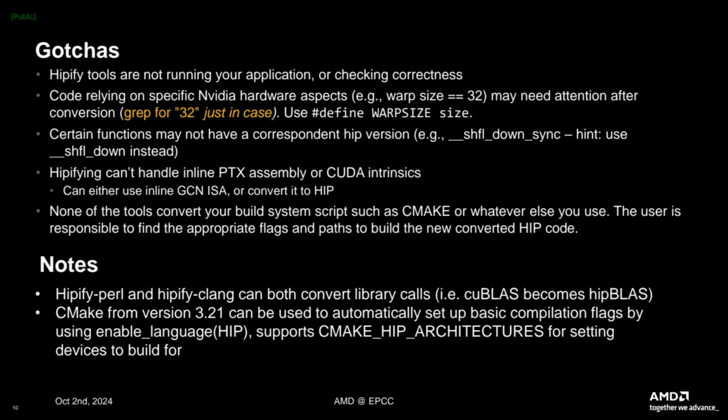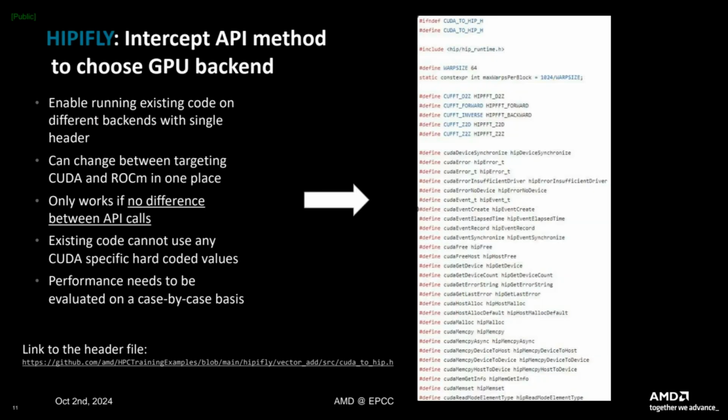But what I want to mention is the hipify header, which is this header that's showing here. This is just a screenshot of the link at the bottom that tends to basically replace the CUDA API calls with HIP API calls.